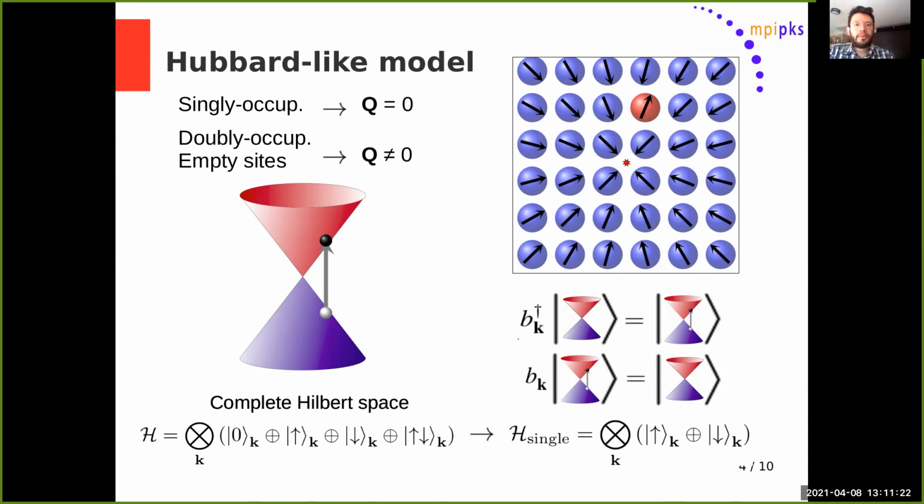And you may know that for singly occupied states, we can model the system with spin-like degrees of freedom in each one of the momentum lattice sites. Since there are only two states per site, it can be modeled as a spin-like degree of freedom.